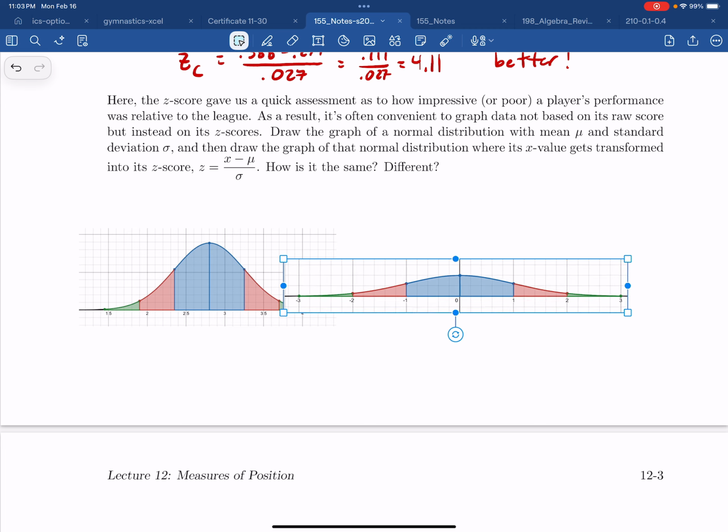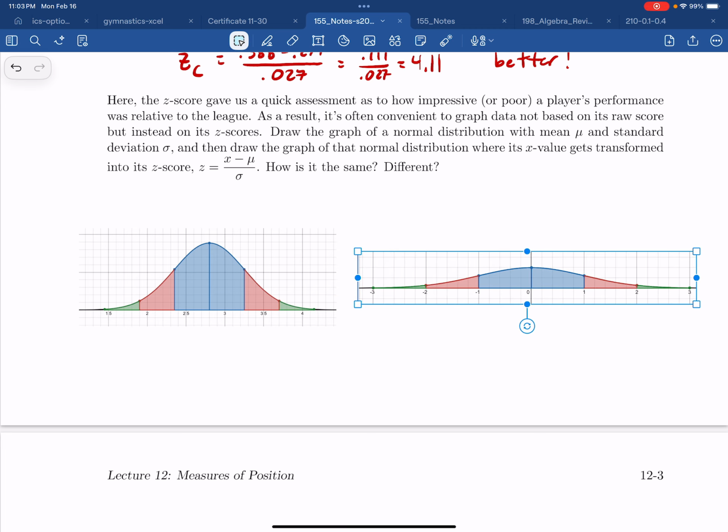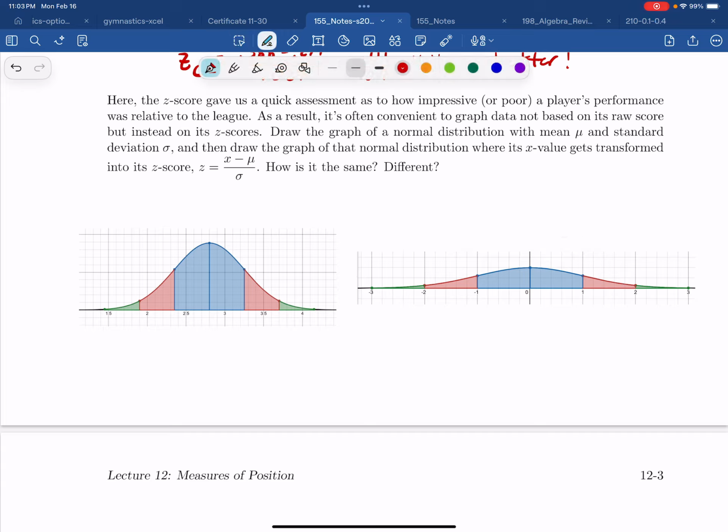And we're going to look at this in a few weeks. It's called the standard normal curve, right? So this was mu equals, looks like 2.8, and it looks like sigma was 0.45.